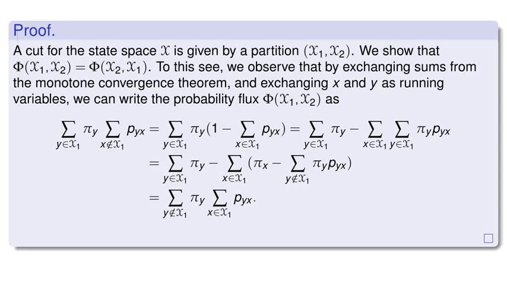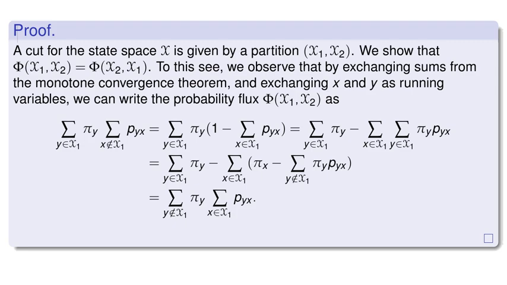Let's prove this. A cut for the state space script X is given by a partition script X1, script X2. We need to show that phi of script X1, script X2 equals phi of script X2, script X1.